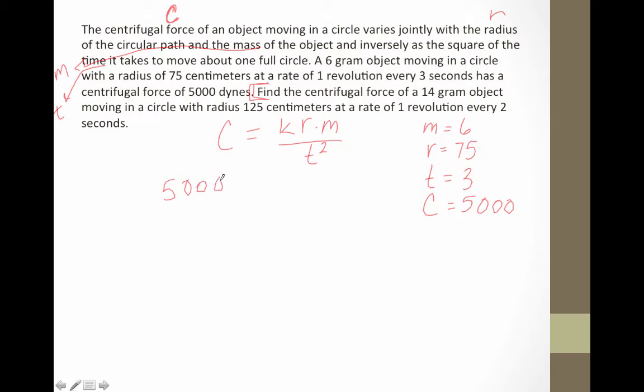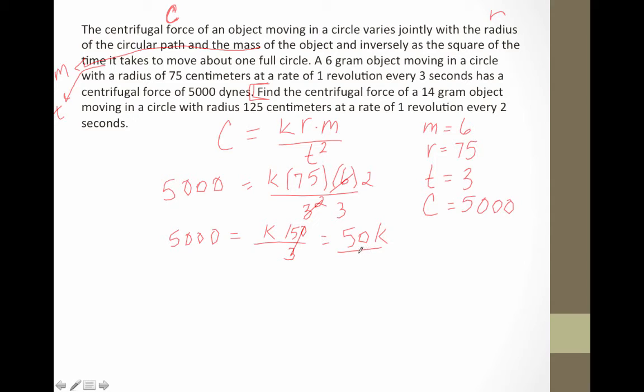So the first part said 5,000 equals K times 75 times 6 over 3 squared. 5,000 equals K times, now 6 over 9 is 2 over 3, so we get 150 over 3, but that's 50.